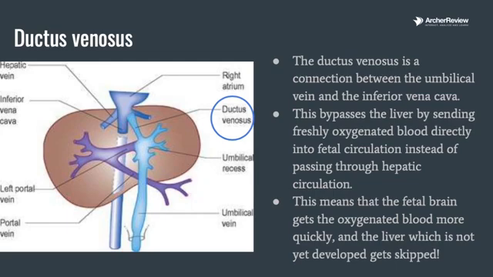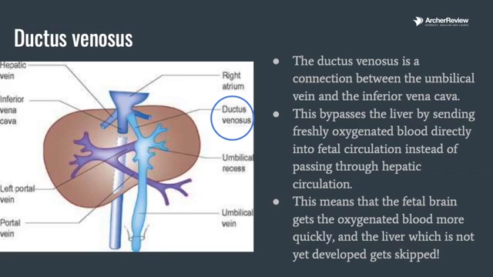I've circled where the ductus venosus is on this image. Hopefully you can somewhat visualize blood coming through this umbilical vein here at the bottom, and instead of going through that left portal vein, you can see in purple over there, we just go straight through the ductus venosus and into the IVC, that inferior vena cava, right there connected to the ductus venosus.